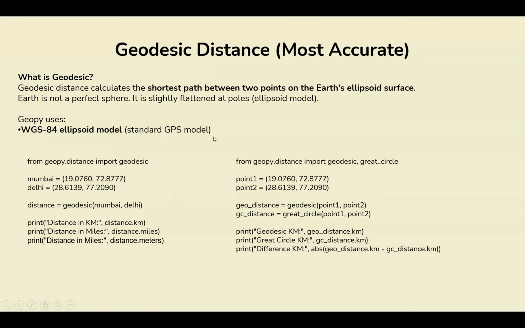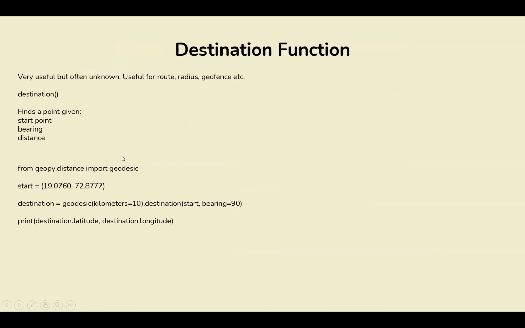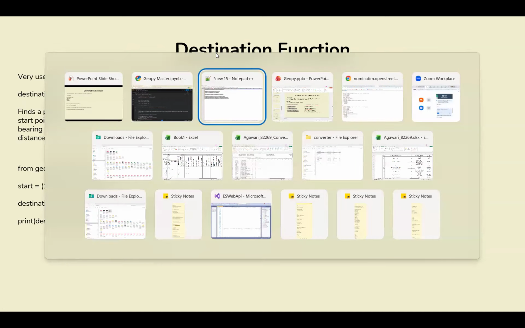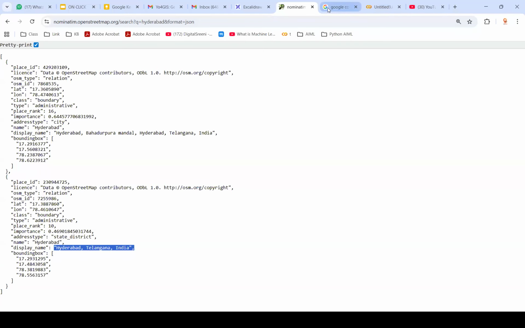Okay, now after that, destination. This is also one function we have in GeoPy. What is the meaning of this? Let's suppose you already have a point.